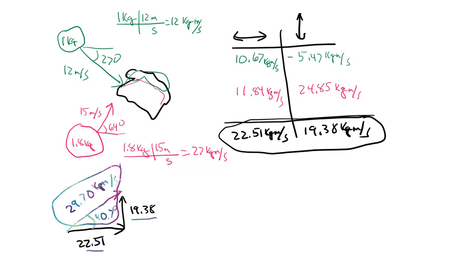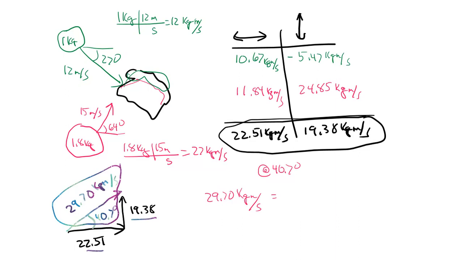Now, I didn't really even ask a question, but let's just keep going with this. Where is this block going to go when it's done? So it is 29.7 kilogram meters per second at an angle of 40.7 degrees. And I want to get the final velocity, how fast it is going after the collision.